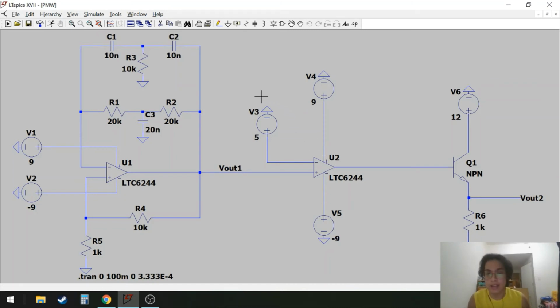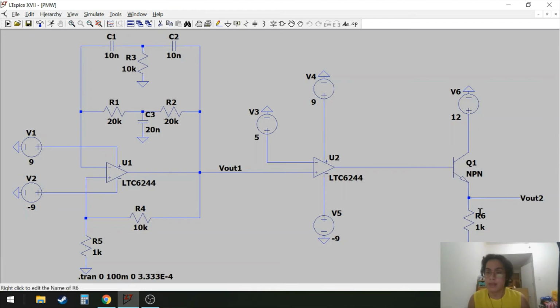And we attached a 5 volt voltage source here, which we can change in a voltage range of 1 volt to 8 volts, because this voltage must be lesser than this voltage so that the output voltage of the U2 is smooth.